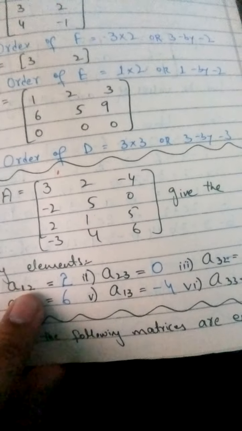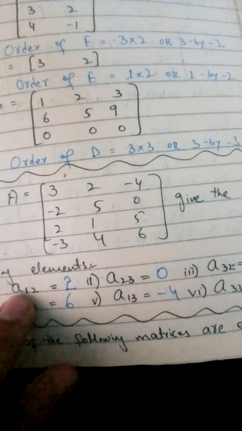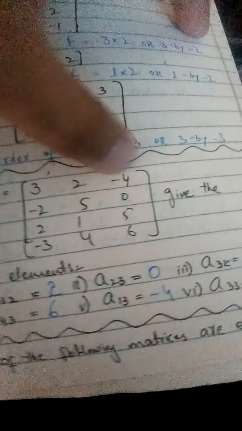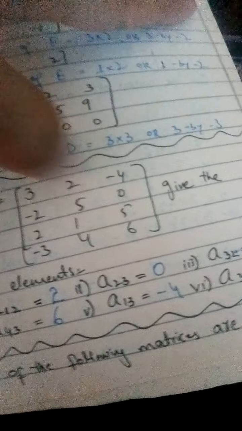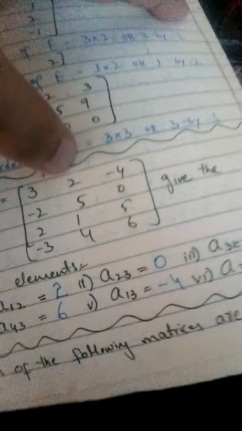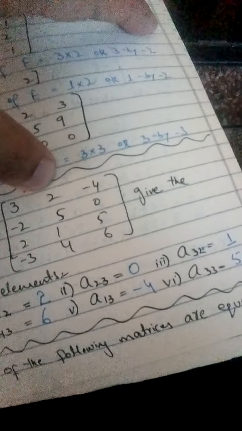what you have to do is see the first row. What is the first row? Here it's the first row, and 2 means the second column. This is the second column. So in the first row, second column, what is the element? 2.